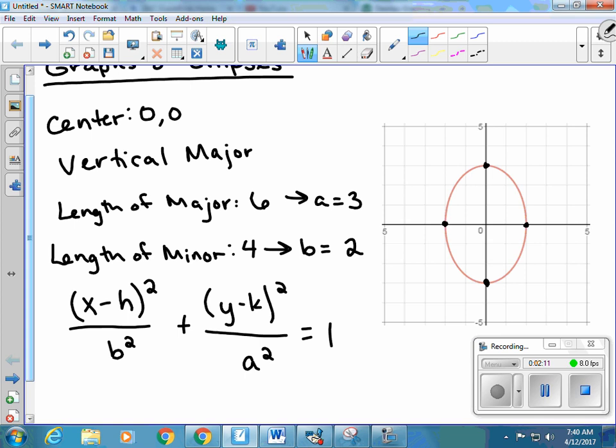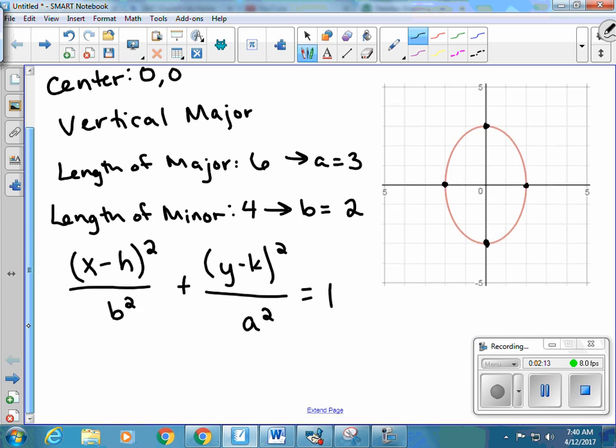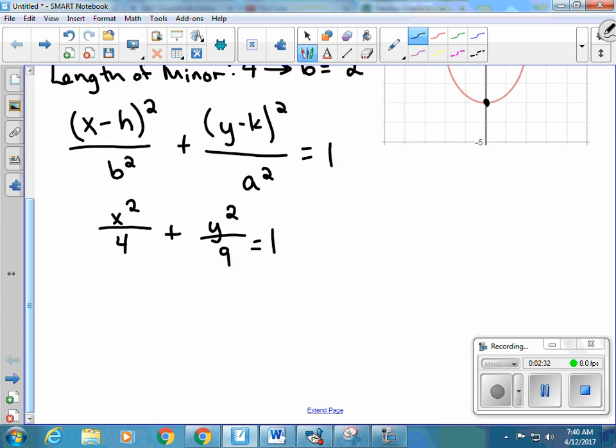So we can plug in our information. Since the center is at 0, 0, I'm just going to leave it as x squared. My b value is 2, so that's 4, plus y squared over 9 equals 1. So that is my equation, which is good.